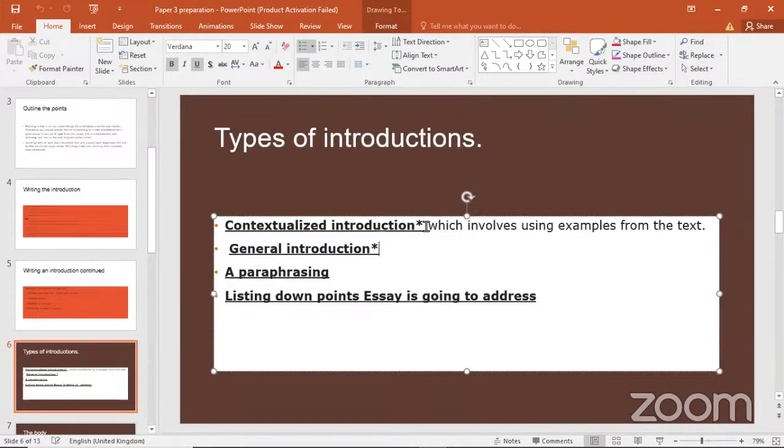Even if the points you have outlined are not correct, you still score two points if you do the correct introduction, because this one is independent from your points.